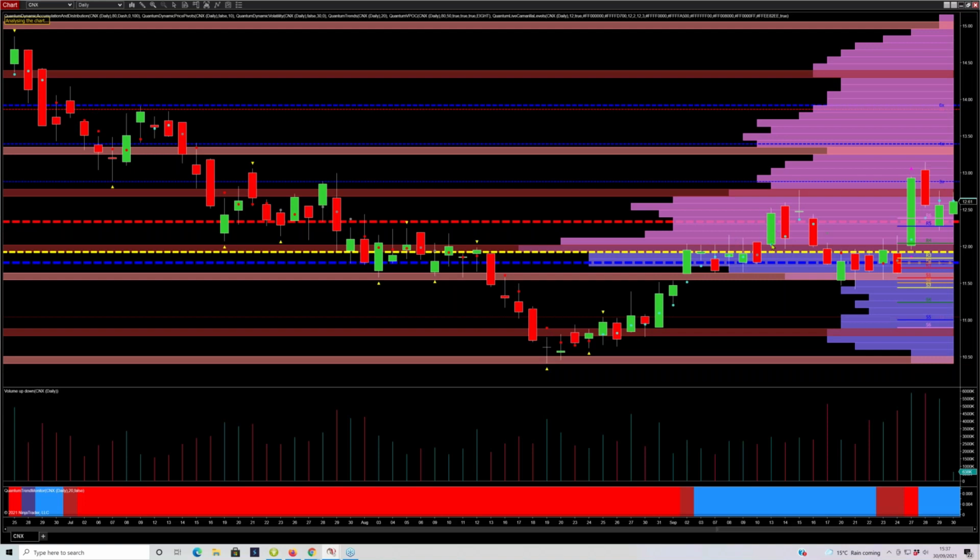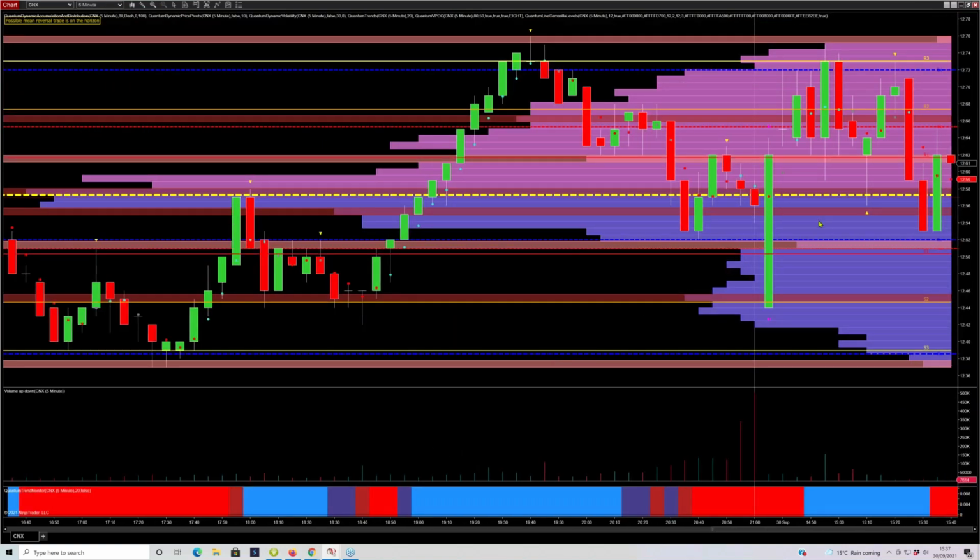Now, if you've got a wide range candle within that channel, this is the daily chart, and you're down on the 5-minute chart, let's move down to the 5-minute chart. It may be worth taking a trade.